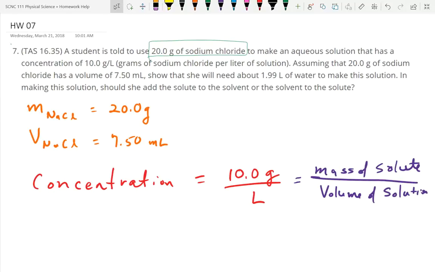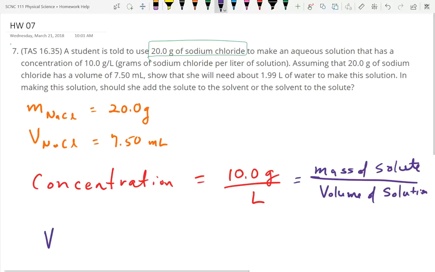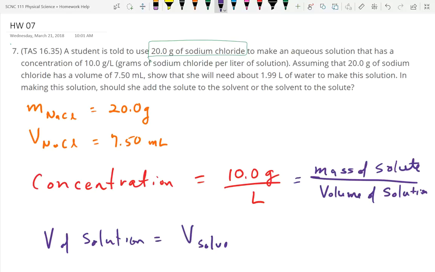The volume of solution, because solution is solvent plus solute. So I'm going to have volume of solution is equal to the volume of solvent, what I'm looking for, plus the volume of solute.